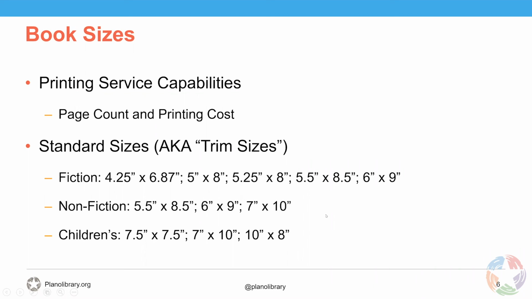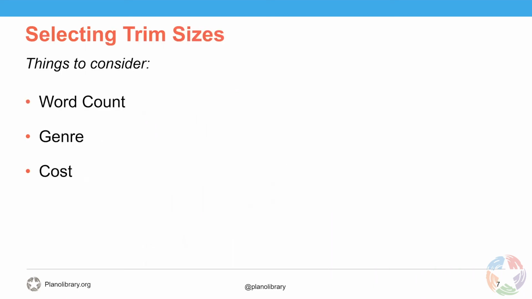But moving on, some things to consider when you're doing your trim sizes are word count, genre, and cost. So word count's important because if you have a huge word count or a smaller word count, the trim size can actually really affect the marketing of your material.